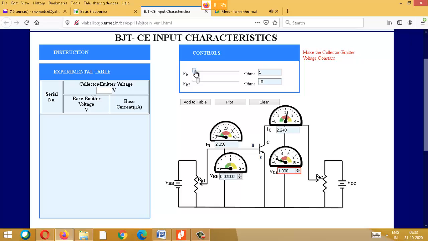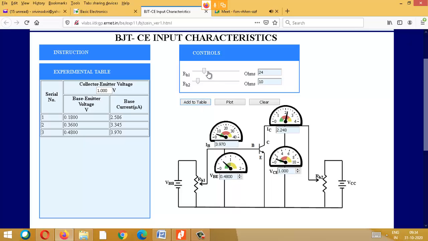Okay, now let us start the experiment. Your role is to vary RH1 and take the reading. Keep it at a particular position, then add to table, then slightly move it, repeat this, and add to table. So I am keeping it at various positions and taking the readings, slowly varying the rheostat.